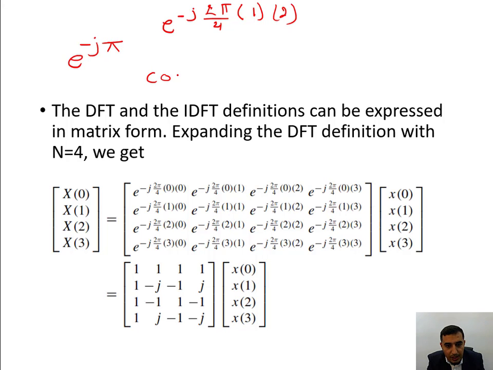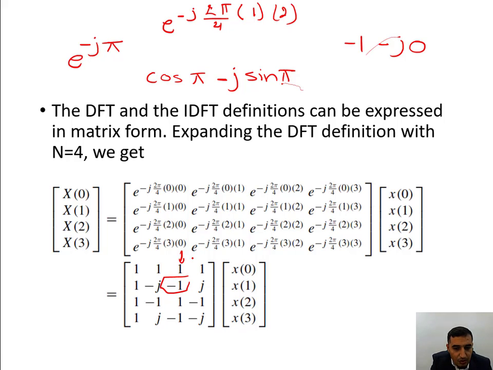So this is cosine pi minus j sine pi. What is cosine 180? It is minus 1. What is sine 180? It is 0. So it will give you minus 1. Like this, we can express all the values that we see over here. And then these are our values.